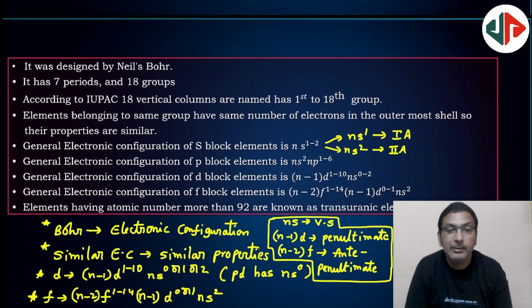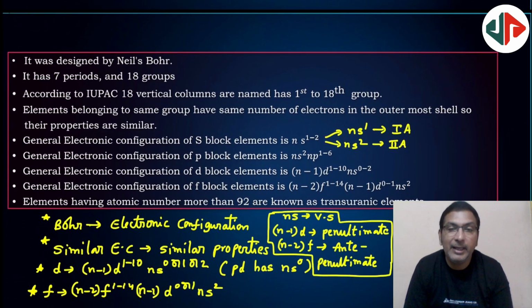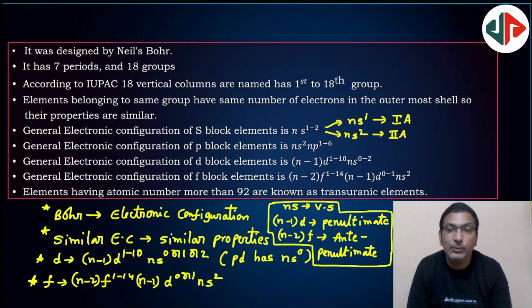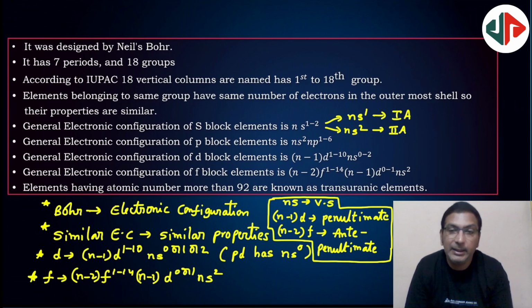Last slide. Elements having atomic number more than 92, that means after 92, are transuranic elements. After uranium, atomic number 92, all the elements are transuranic elements or transuranium elements.